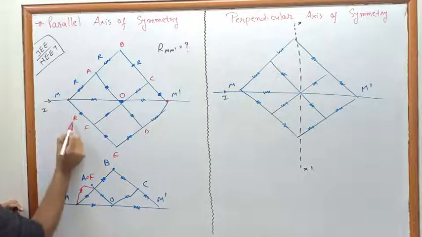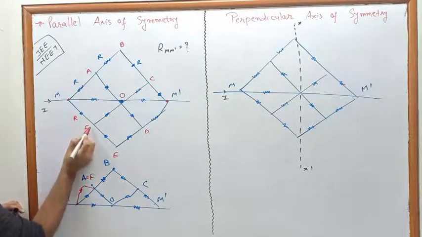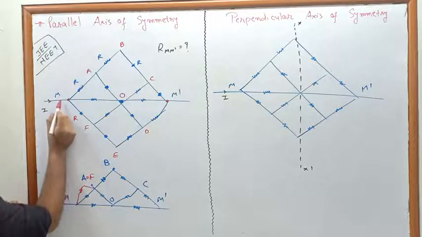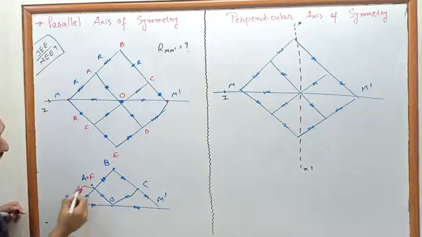Because this R is between M and F, and F is equal to A, this R is between M and A, so these two are in parallel.